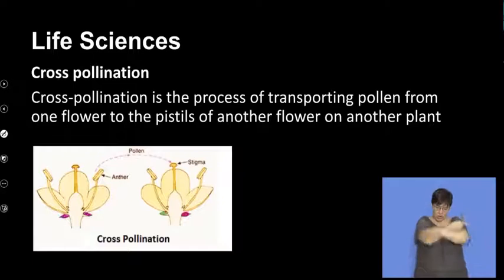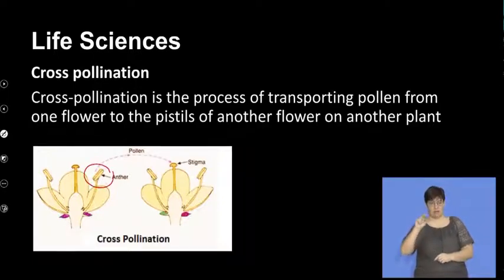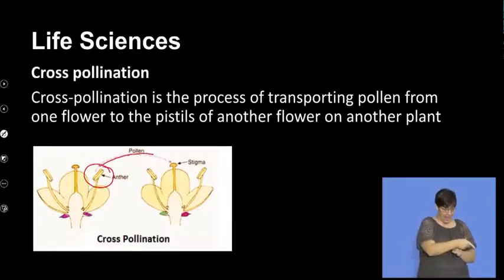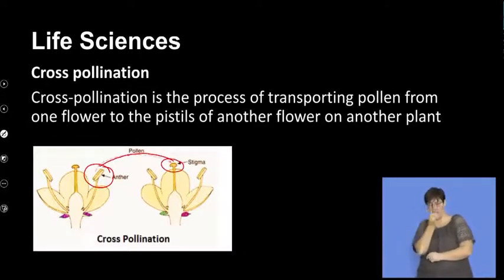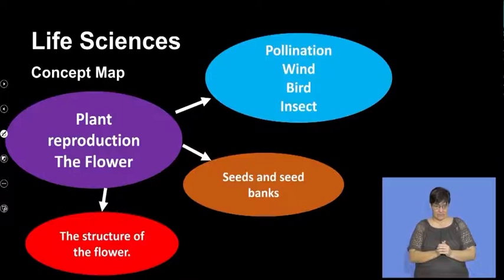We want the genes from one flower to cross over to a new flower. Yes, they must be the same species. But we want the anther of one flower on one plant to move to the stigma of another plant.